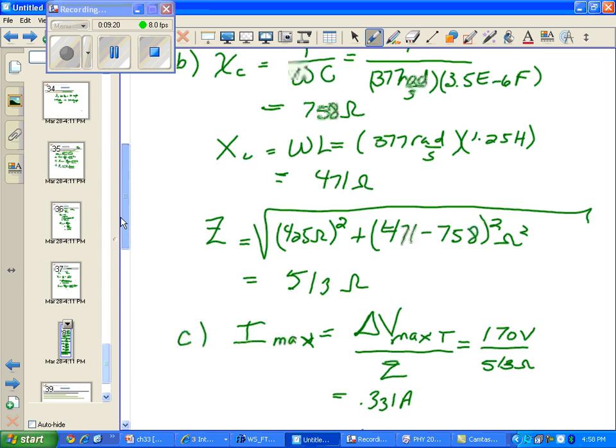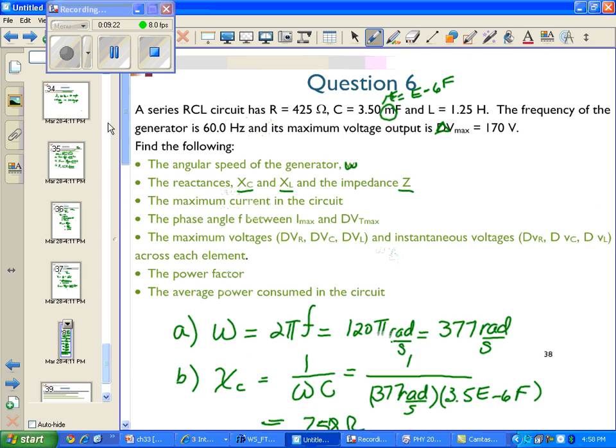So I'm just going to look for a little bit of empty space, which I'm not finding. Let's just do it here then. The average power consumed in the circuit, we can either get that by taking the RMS current, squaring it and multiplying it by R, or we can get that by getting the RMS current times delta V_R RMS.